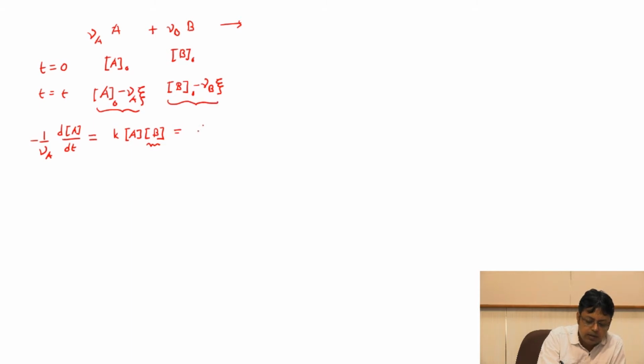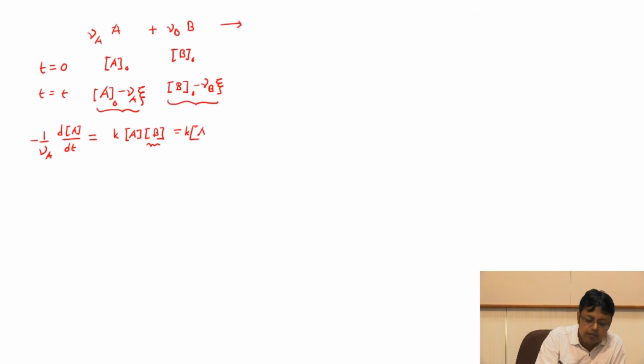So a is nothing but a0 minus nu a into xi, and b is nothing but b0, or since we are solving for a, we'll just keep it as a, because that's a variable here.